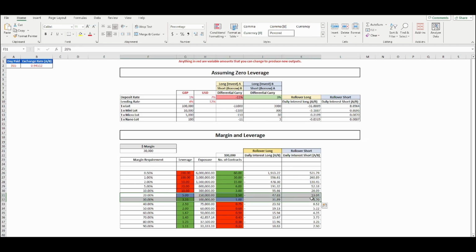Remember, trading is all about consistency as well as profitability. With these types of numbers up here and variables, this is where you start to get the boom and bust cycle of your equity curves, of your profit and loss.